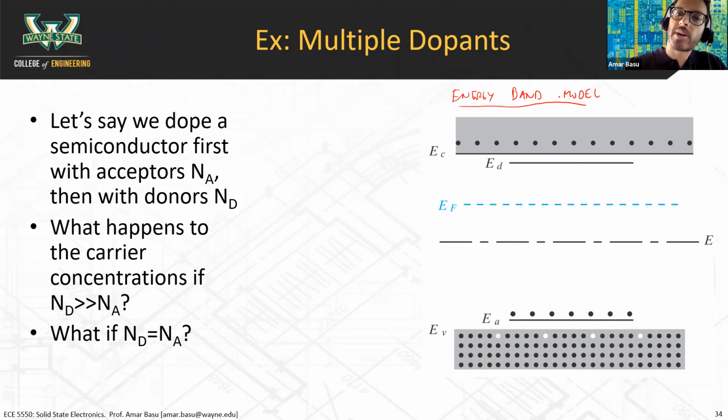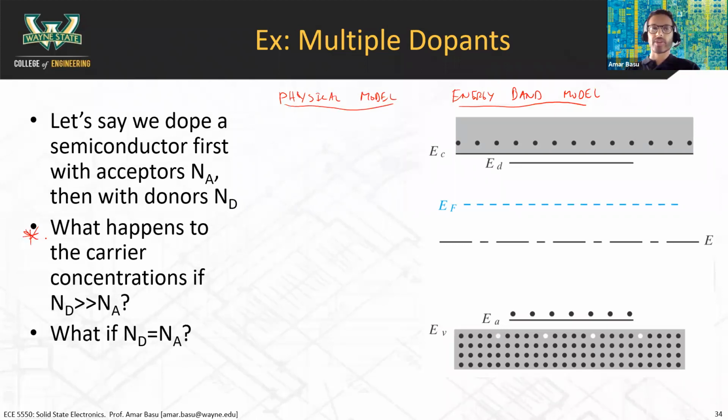So this is the energy band model. We can also draw a physical model. I think it might be useful if we think about that as well. So right now we are considering this first case, and we're going to draw the physical and energy band model for that first case.